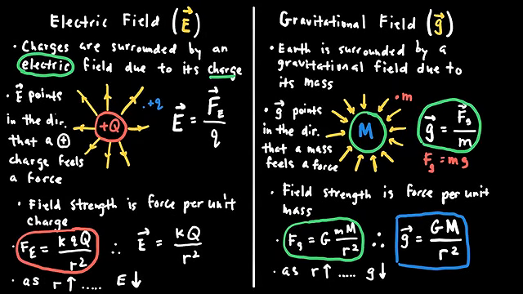We again see that the field is equal to a constant times, instead of mass, here charge, but still inversely proportional to the distance between the two objects squared. And similarly, as the two objects get further apart, the strength of the field goes down. Or I should say, as the test charge gets further and further away from the charge, we should expect that it would experience a smaller force because the electric field there is weaker.